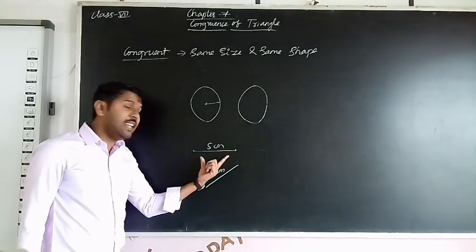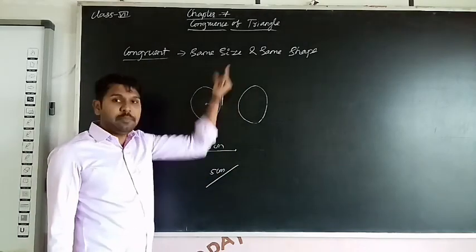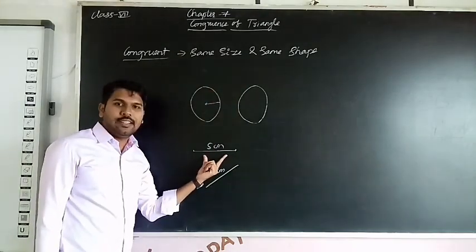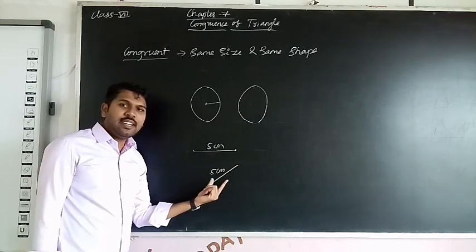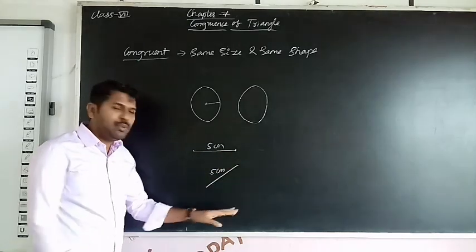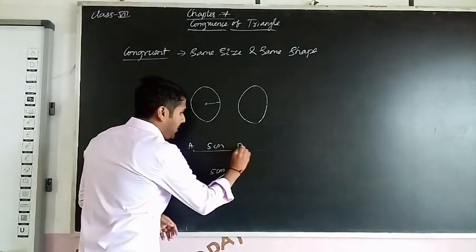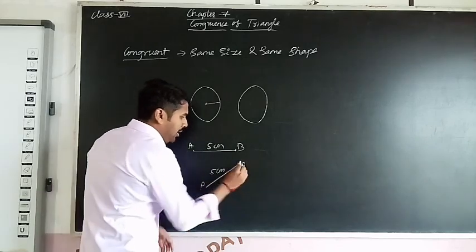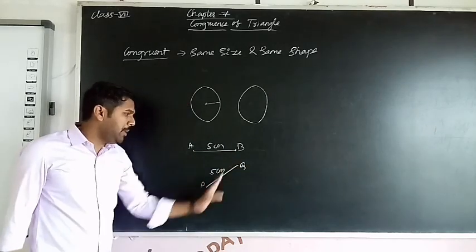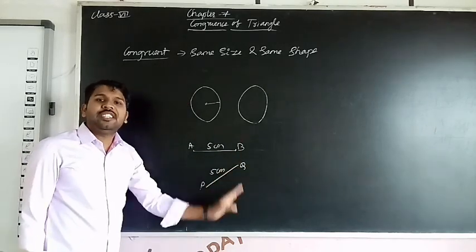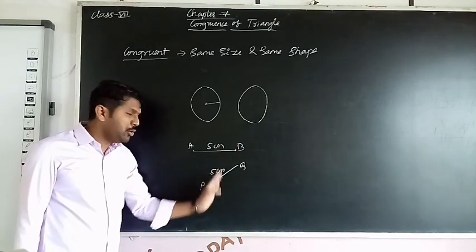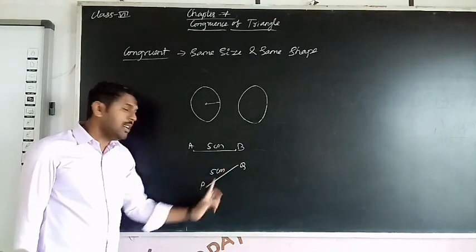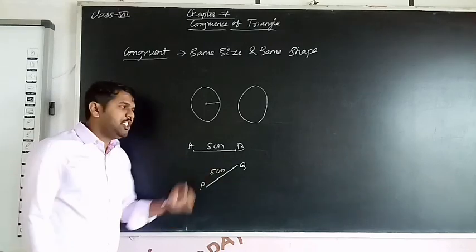That means their length, that is size. Size means here we consider length. So here these two lengths are same. That means these two sides A, B, P, Q, we can say AB and PQ are congruent to each other. AB is congruent to PQ, or AB and PQ are congruent to each other.